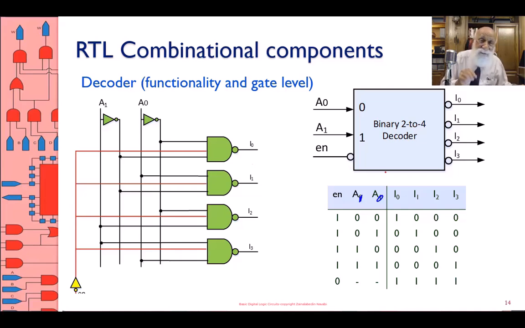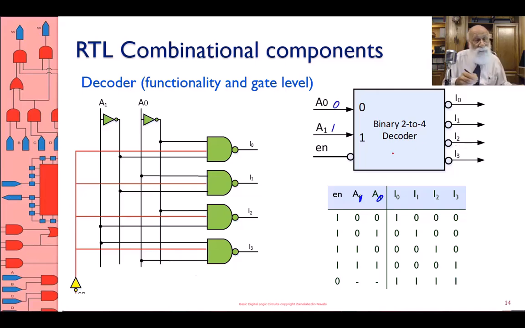If the circuit is enabled, the outputs are active according to what the inputs are. For example, if the circuit is enabled, A1, A0 is 1, 0, that means number 2.